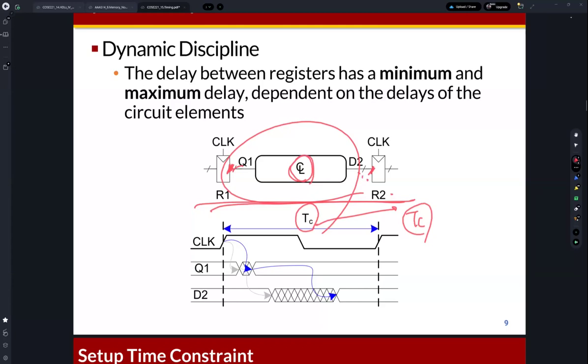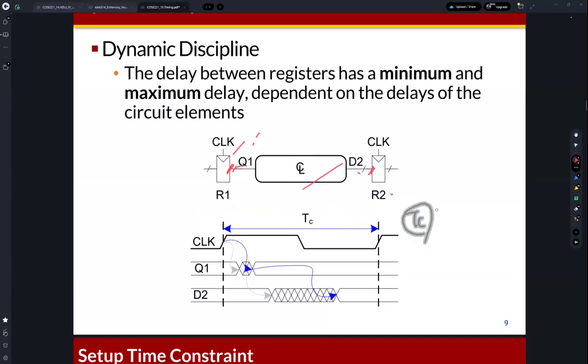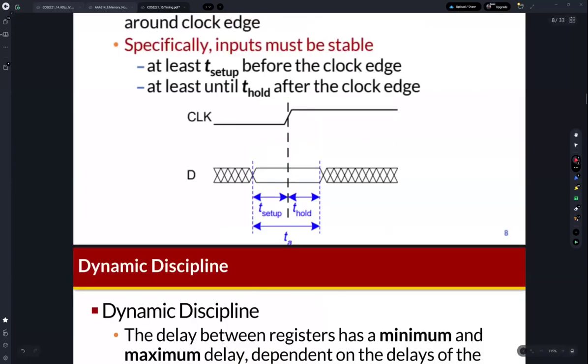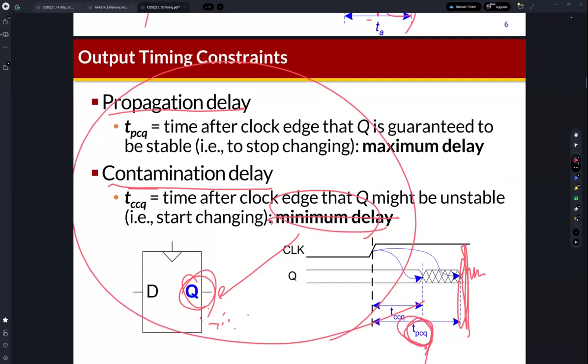So it means, on the rising edge of the clock, then Q1. Q1 is the output of this D flip-flop, right? It means from this rising edge of the clock, we can calculate the minimum delay and maximum delay of this Q1, because we learned about the propagation delay.